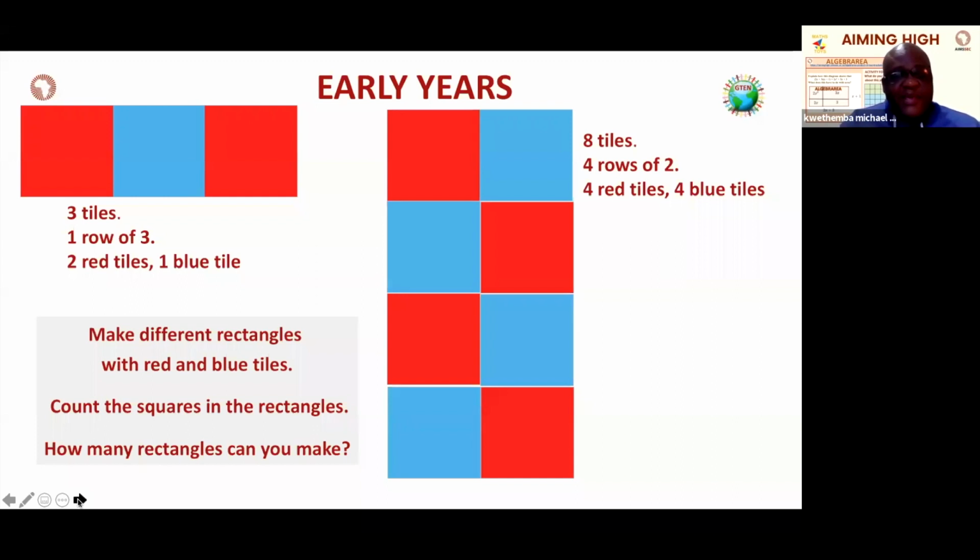There's numeracy there. Then we have a bigger picture there, which is also made up of small squares. How many tiles do we see all together in the bigger picture? They can tell us 8, 4 rows, 4 red tiles by 4 blue tiles.